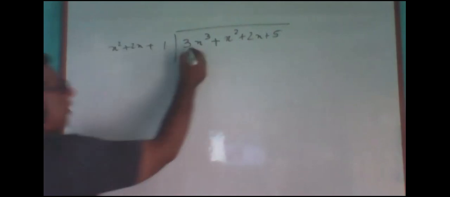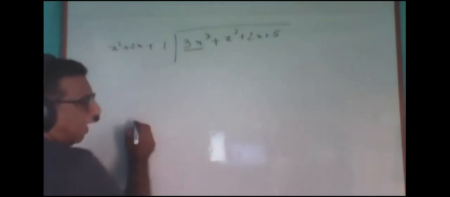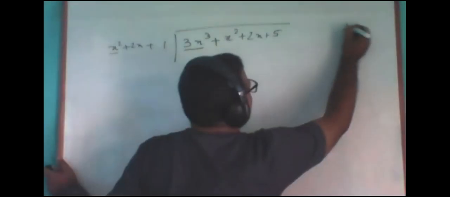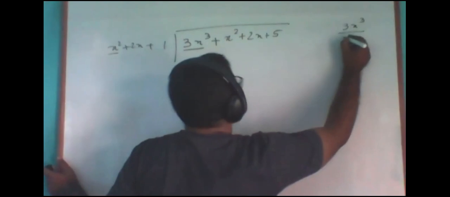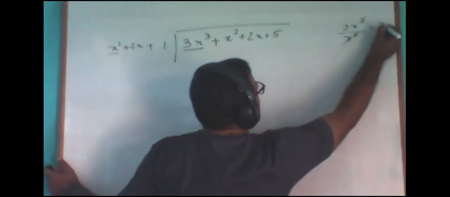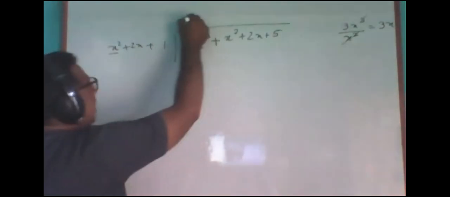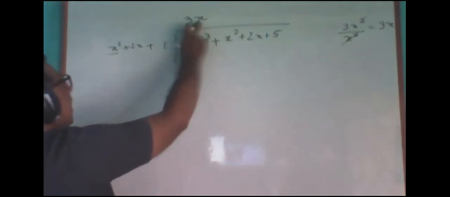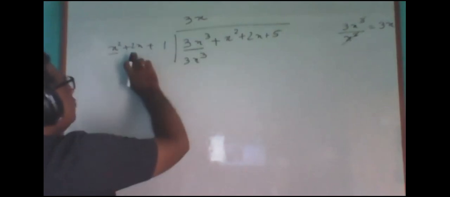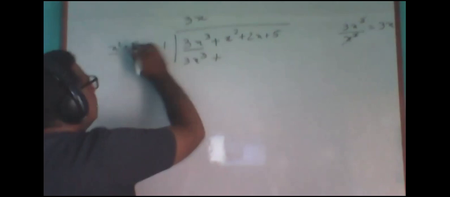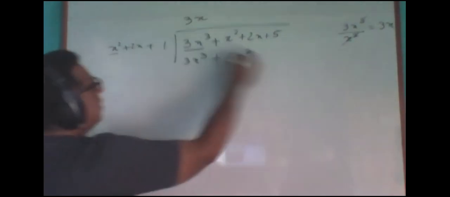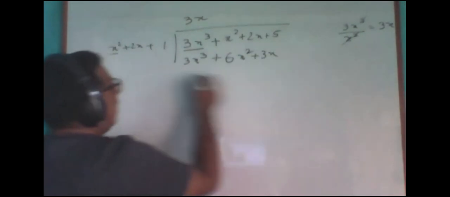Again the same way. What I want is 3x cube. What I have is x square. So let me decide what the quotient will be. 3x cube divided by x square. So 1x is left out, so 3x. I will start with 3x. 3x into x square, 3x cube. 3x into plus 2x, 6x square. 3x into plus 1, plus 3x.